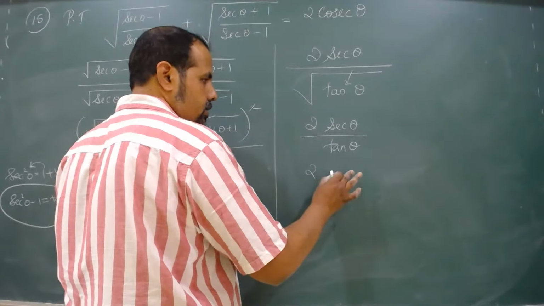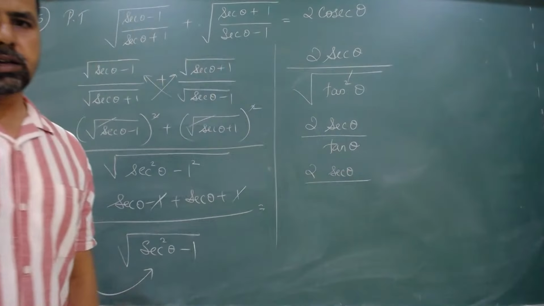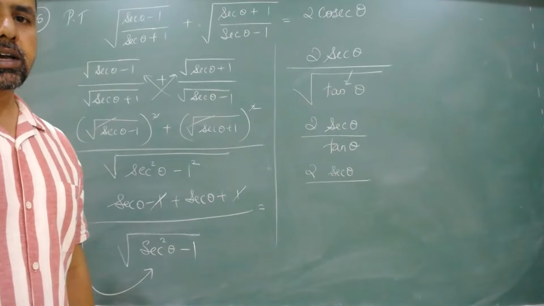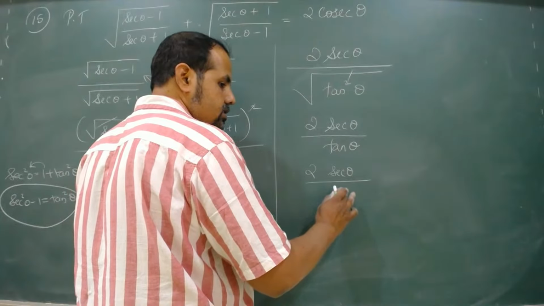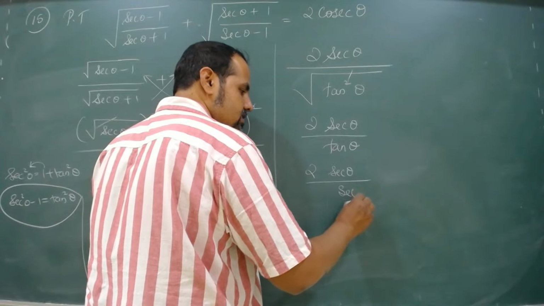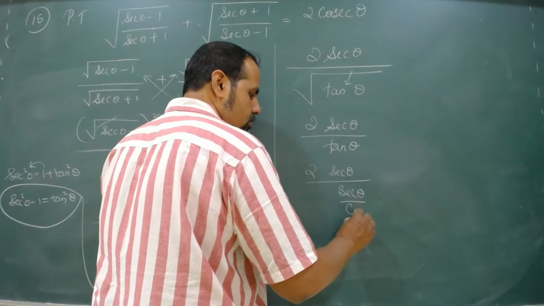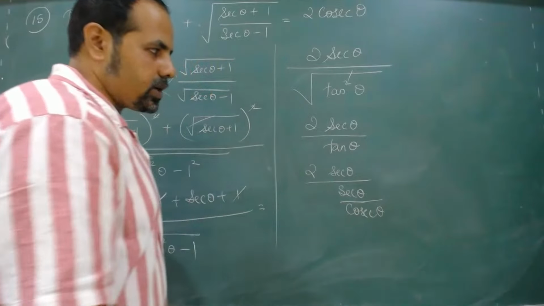Now let me write this one. Sec theta over tan theta. You very well know that tan theta is nothing but sine by cos, or we can write that as sec by cosec. I repeat once again.